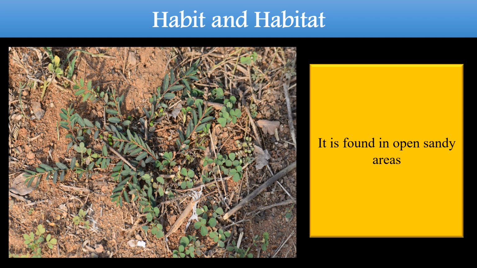It is a prostrate herb. As you can see in this picture, it is an annual herb, the stem and branches usually angular, and the flowering branches spreading up to 8 cm long.